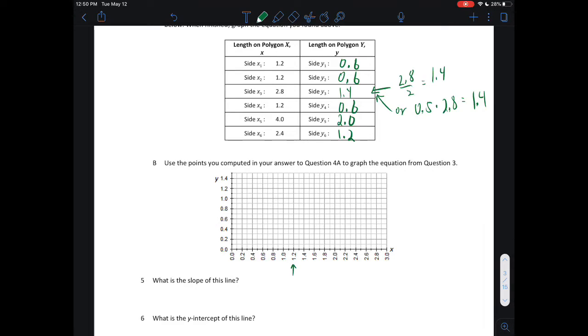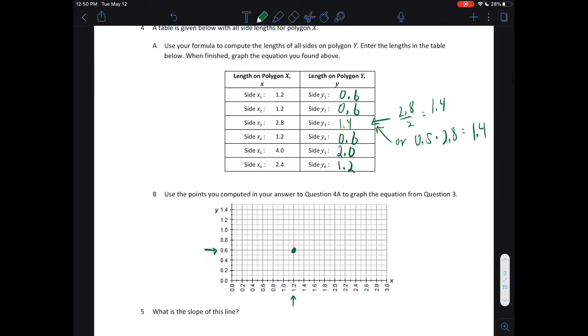I would start there, and then I need to go up to where y is equal to 0.6. That's also about halfway up. So I would get a point that corresponds to that. And notice that corresponds for x1, y1, x2, y2, and also x4, y4.